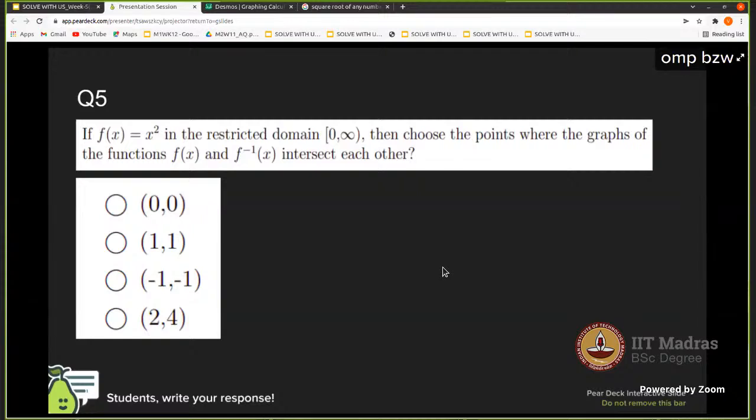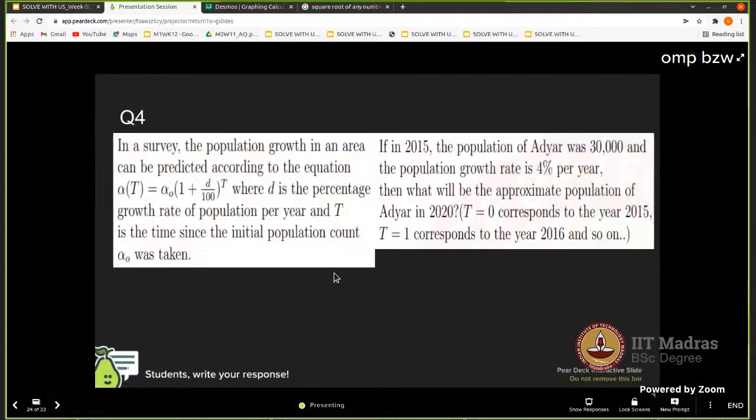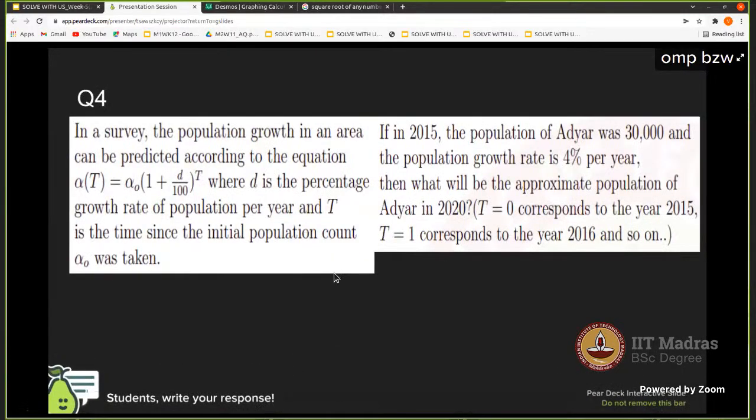Sorry for the interruption, sir. Hassan here. I have a question regarding the previous question you just solved. What if instead of 4% per year, there is 4% per quarter in a year?